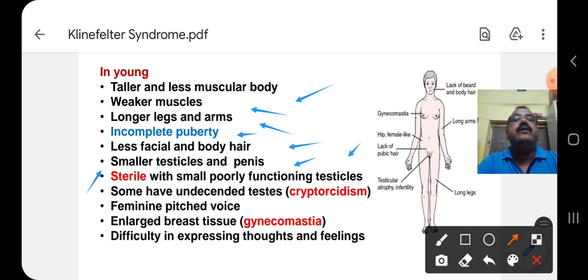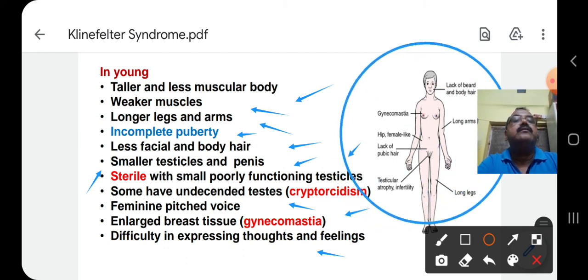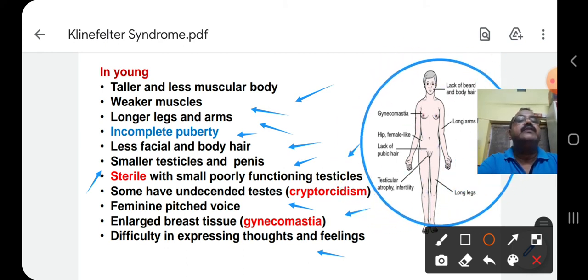Some have undescended testis, known as cryptorchidism, enlarged breast tissue known as gynecomastia, and difficulty in expressing thoughts and feelings. These are the symptoms in case of the patient.